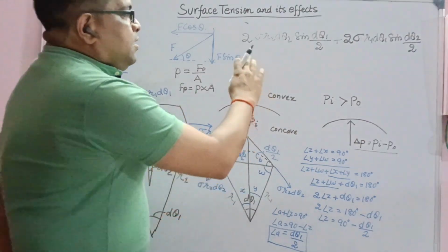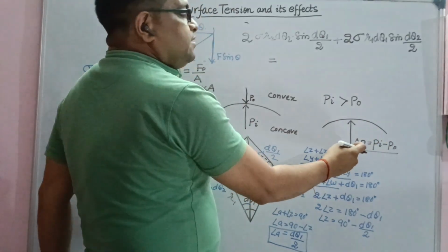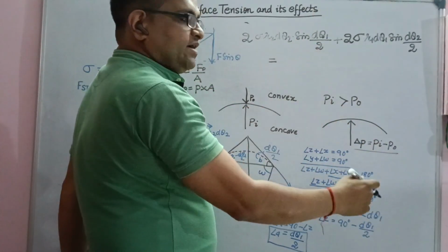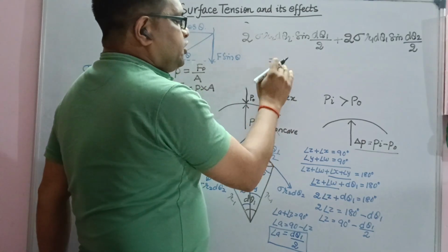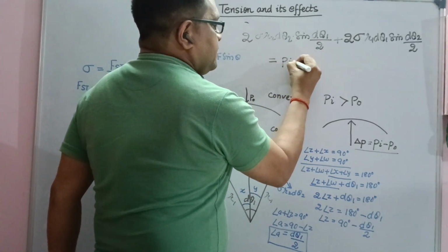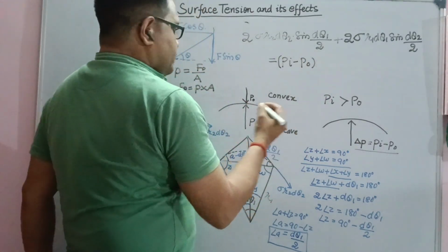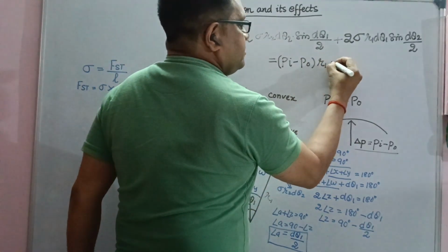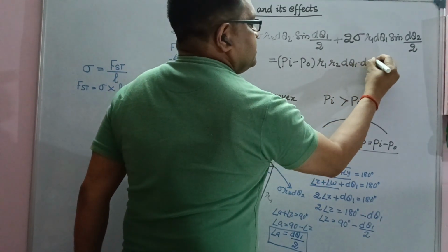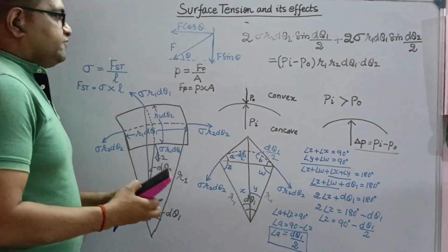Since the net pressure is acting along the positive x-axis and the surface tension force is acting along the negative x-axis, we can now equate this. So we will have Pi minus P naught into the area of the elemental surface, which is equal to R1 R2 d theta 1 d theta 2. So this is the force balance.